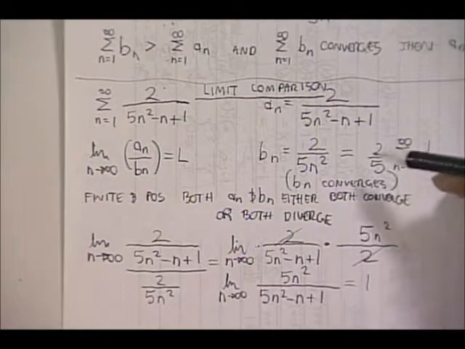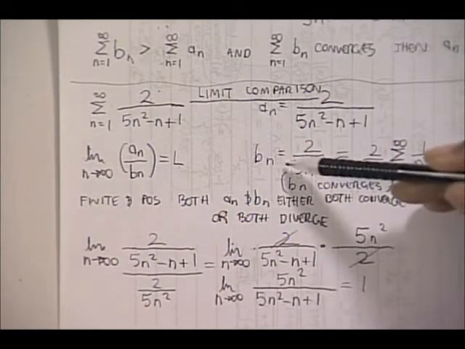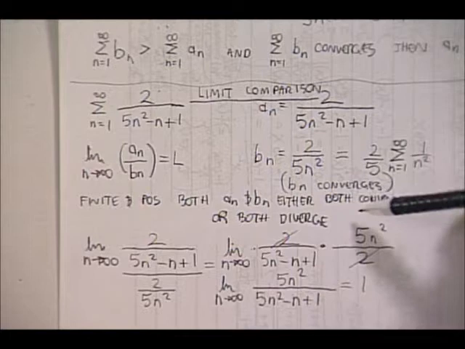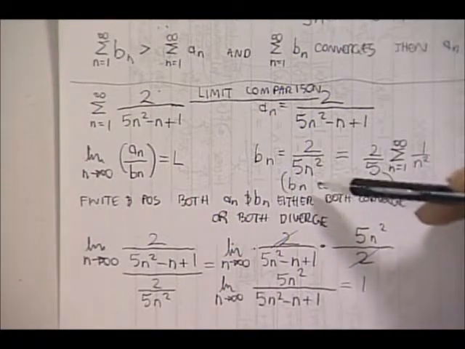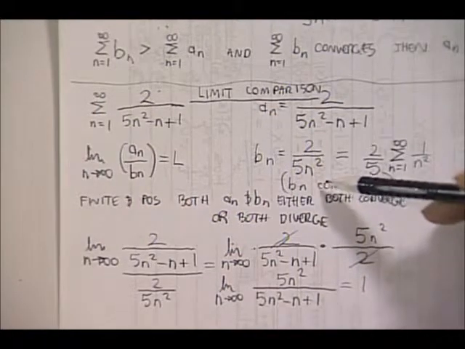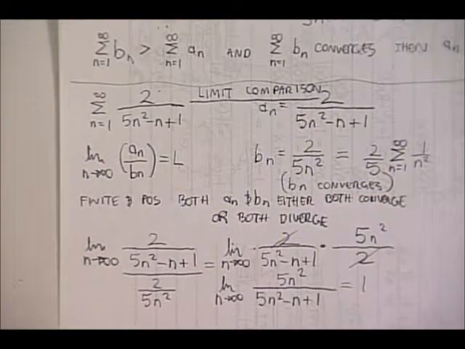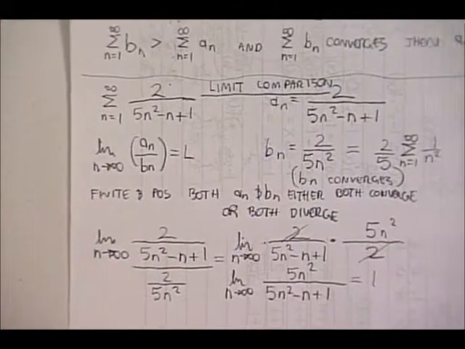Well, we've already established earlier that b sub n converges. So because of this test, we know that if b sub n already converges, a sub n, according to this test, would also have to converge.